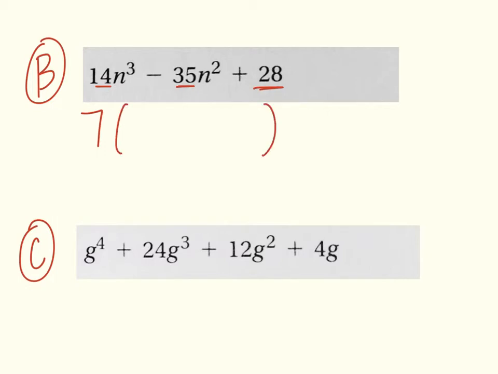Now we're going to factor it out. How many times will 7 go into 14? 2. If you're not factoring out a variable, you keep all of the variables just like they are. How many times will 7 go into 35? 5. N squared. How many times will 7 go into 28? 4.